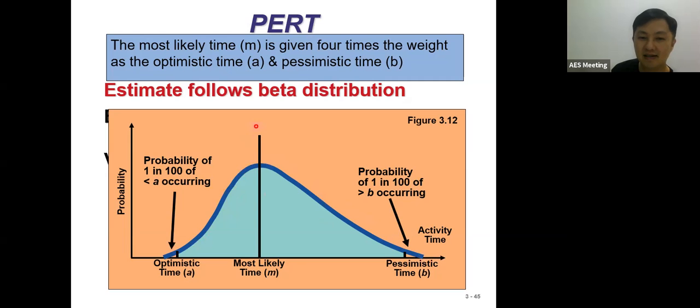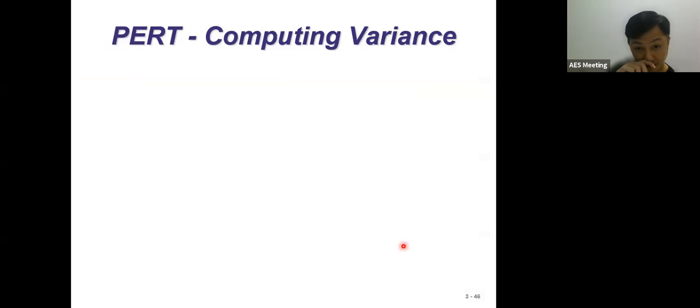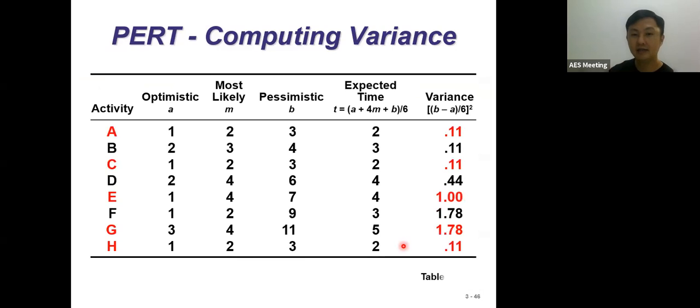Most likely time will usually be the center, but we also have the optimistic and the pessimistic in our distribution of data. In computing variance, you can see it very clearly: we have the variances for optimistic, most likely, and pessimistic.